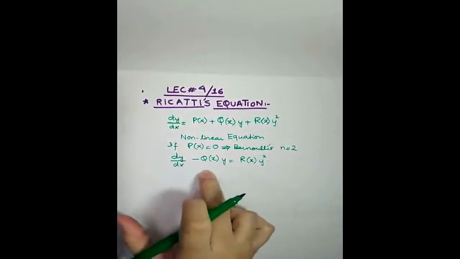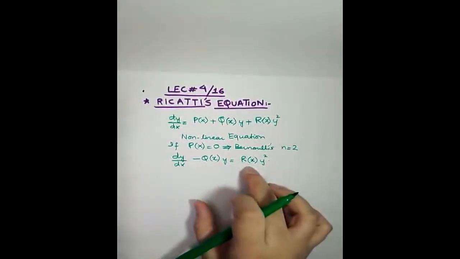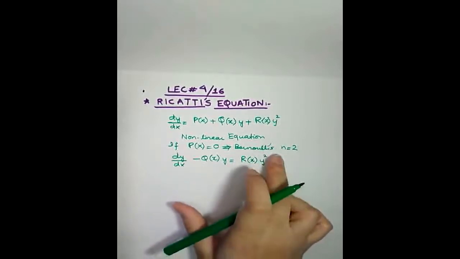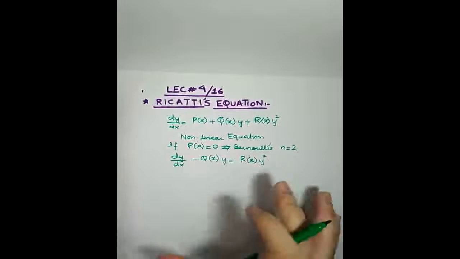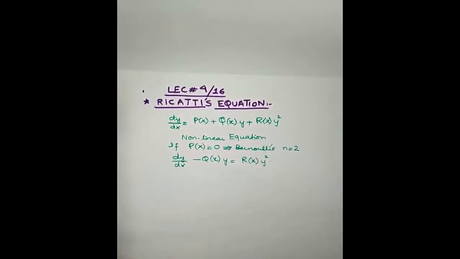This left hand side is the linear equation part, and right hand side is same as this Bernoulli's equation, y to the power n, that was generalized, but this is the specific case of Riccati's equation if we substitute p of x equals 0.